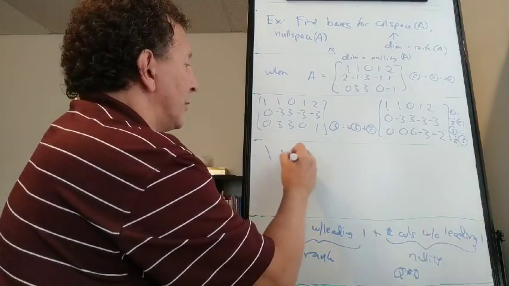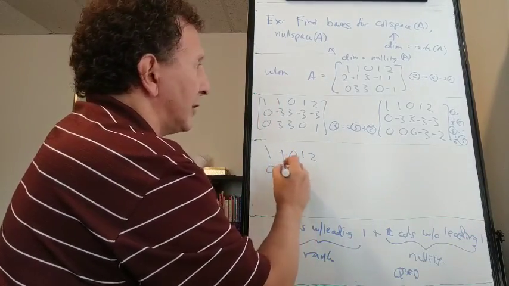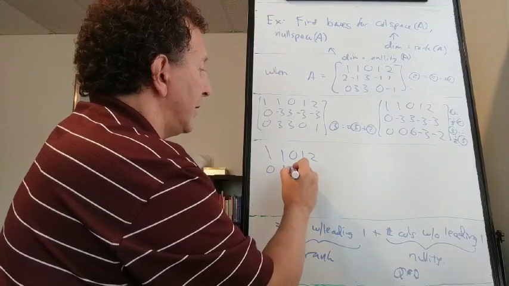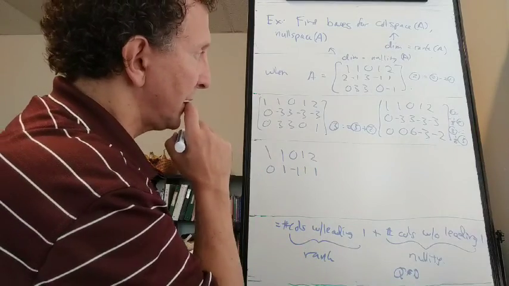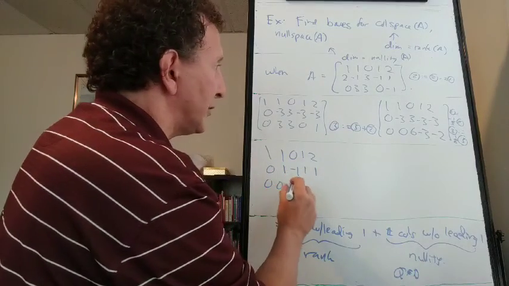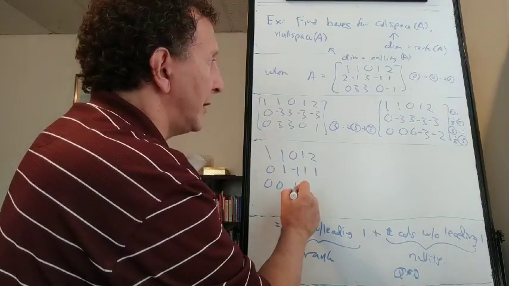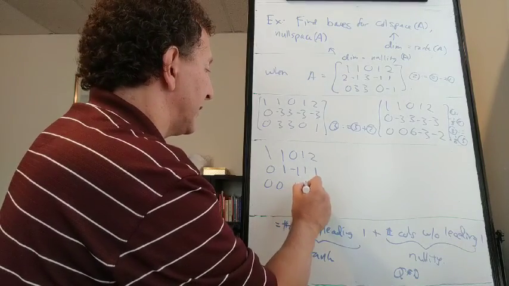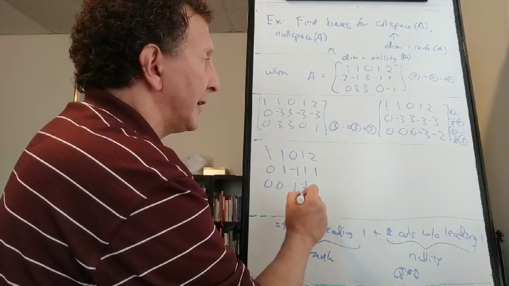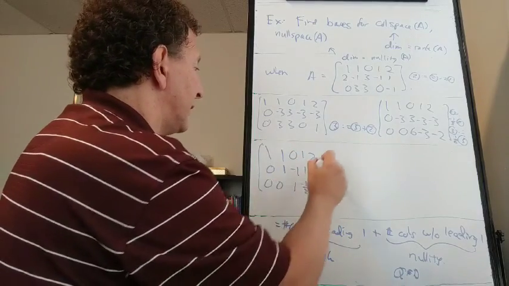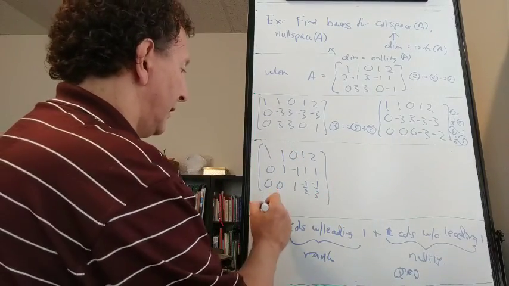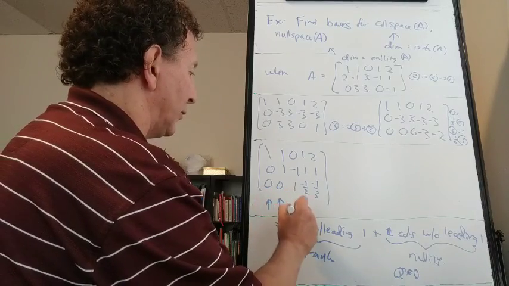So we have 1, 1, 0, 1, 2, 0, 1, negative 1, 1, 1, and 0, 0, 6 divided by 6 is 1, negative 3 over 6 is negative 1/2, negative 2 over 6 is negative 1/3. So here are the columns with the leading 1s.